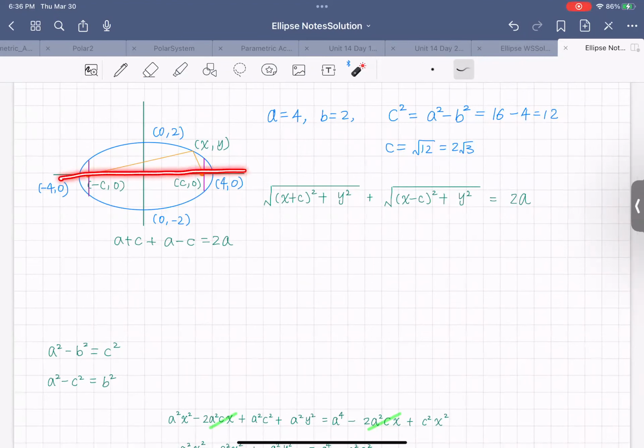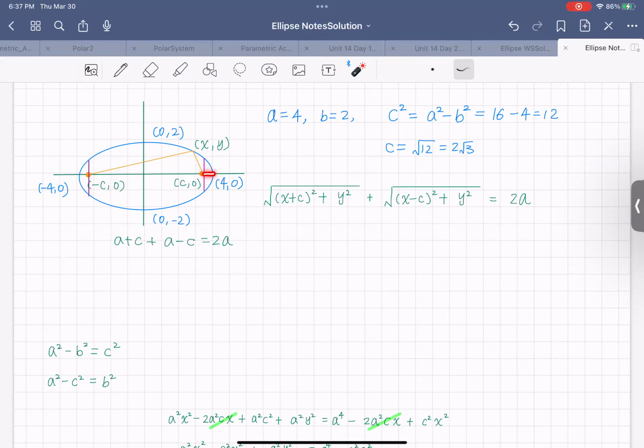This is the ellipse, and this focus is on the right, c comma 0. To the left is negative c comma 0. And for any point on this ellipse, this line segment plus this line segment is going to be a fixed value, because when this point moves to here, this part is c, this part is a, so the length is a plus c.